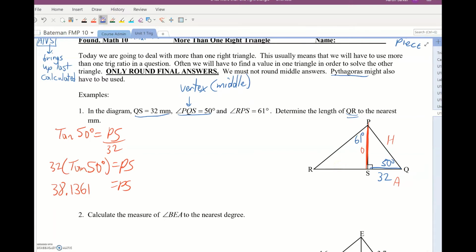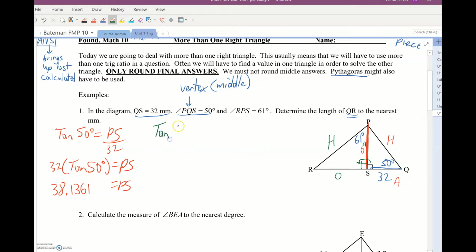So it's a new triangle, new angle, label my HOA based on this new triangle. So this angle must be 90 degrees because the one that's 90 degrees is supplementary to it. Hypotenuse, this would be opposite and this would be adjacent. So you'll see your HOA is all based on that second triangle. So I'll use tangent again.